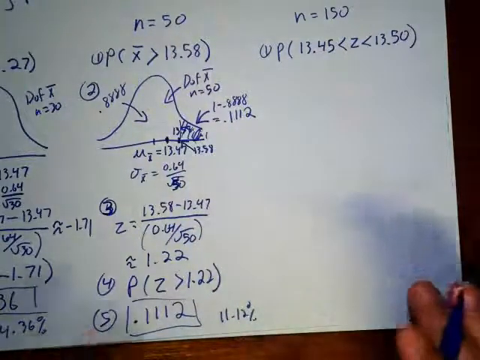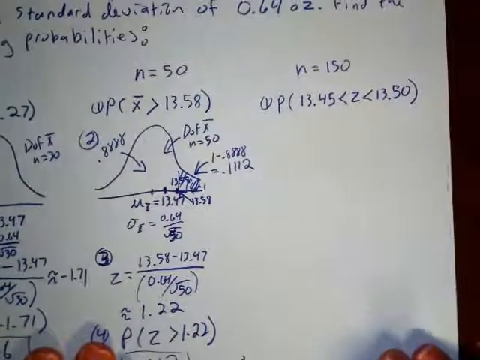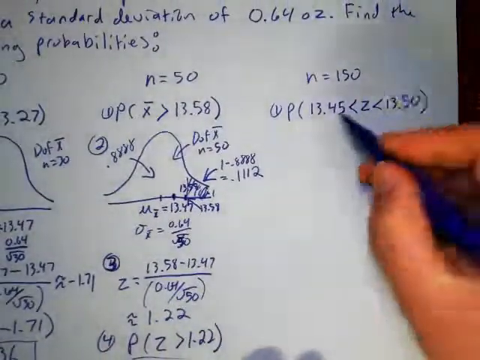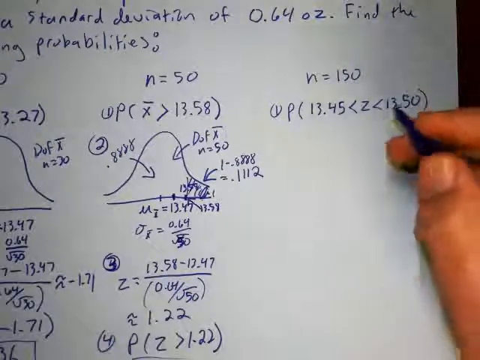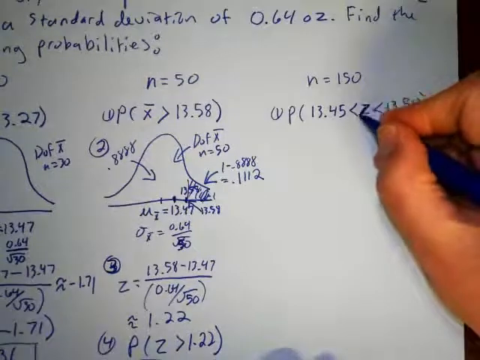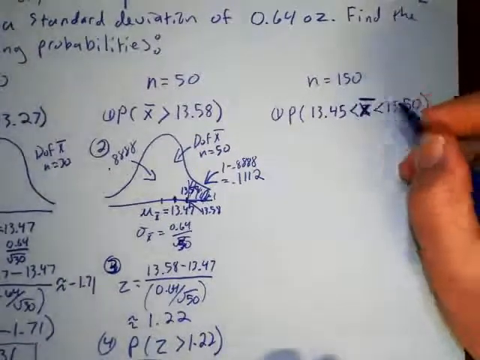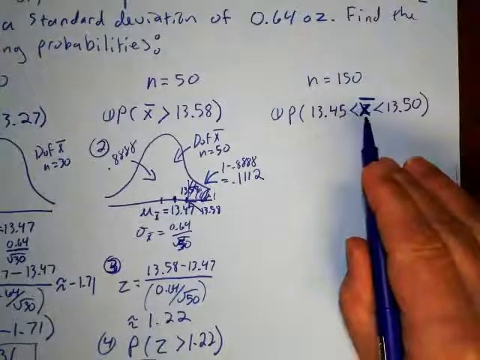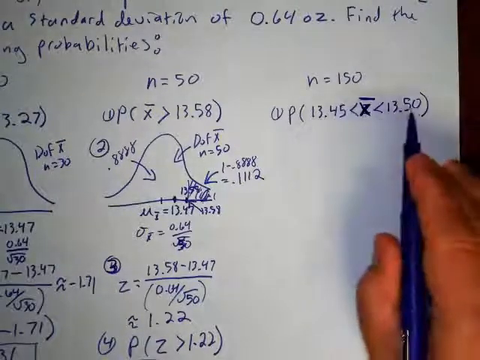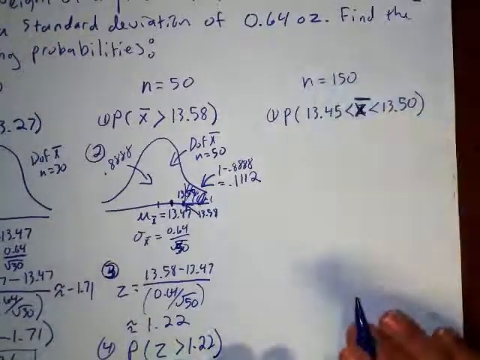Okay, so now one more here. Now we take out a real large sample of size 150, and I want to find the probability that the, this should actually be X bar. I want to find the probability that the mean of the sample is between 13.45 and 13.5.